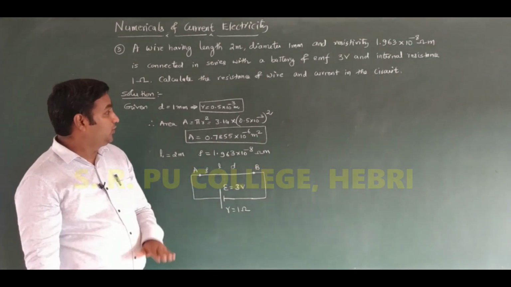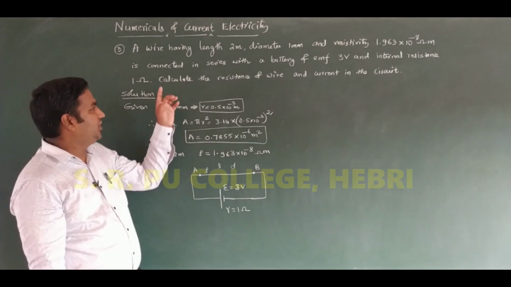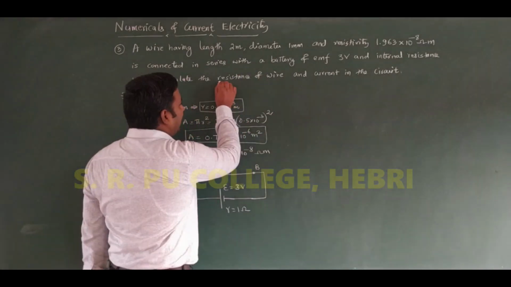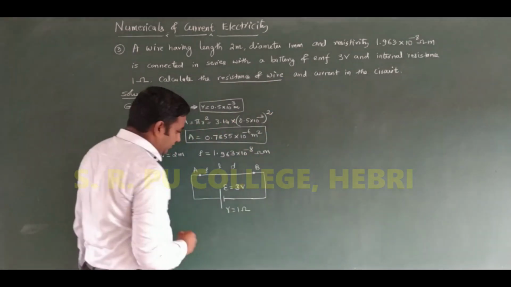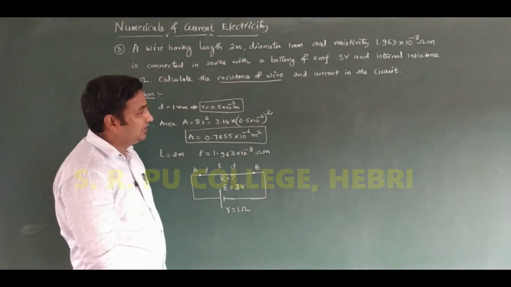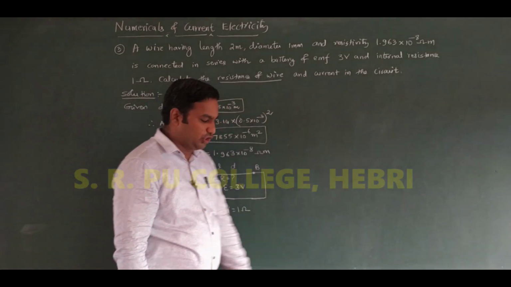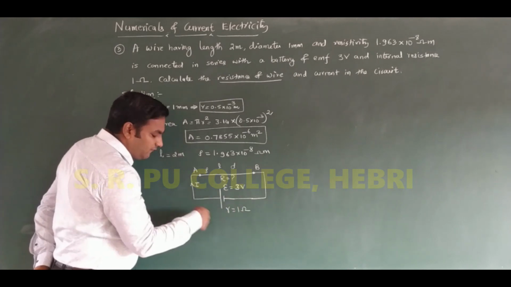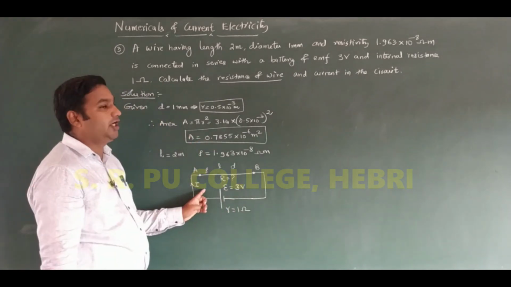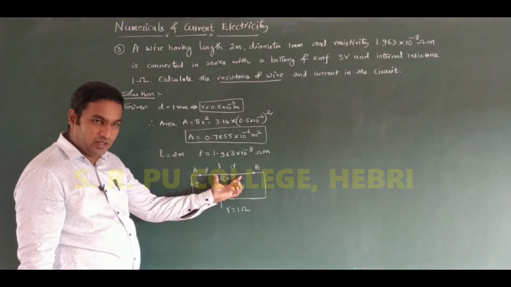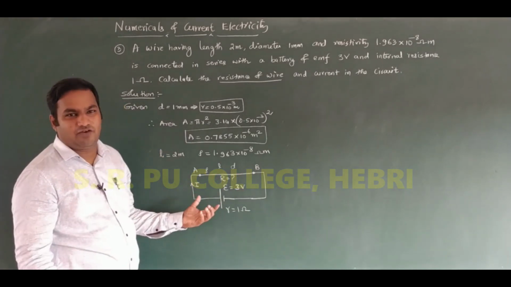Our requirement is to calculate the resistance of the wire. Not only that, the current in the circuit is the current drawn by this wire from the cell, that is, the main current. Once you get the resistance of the wire, we can easily get the answer for current.